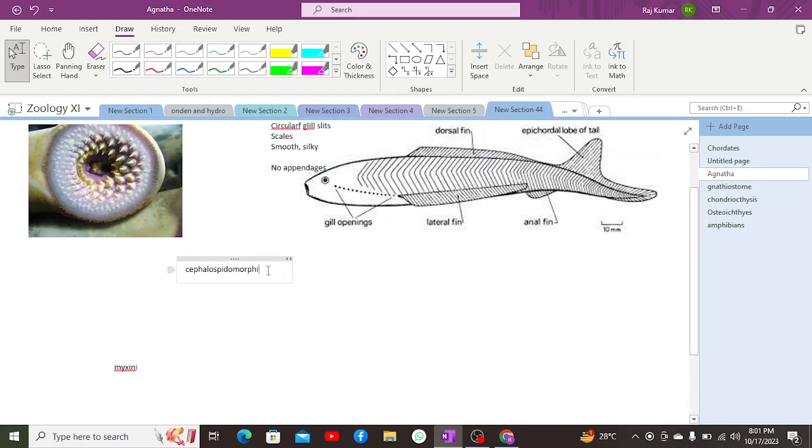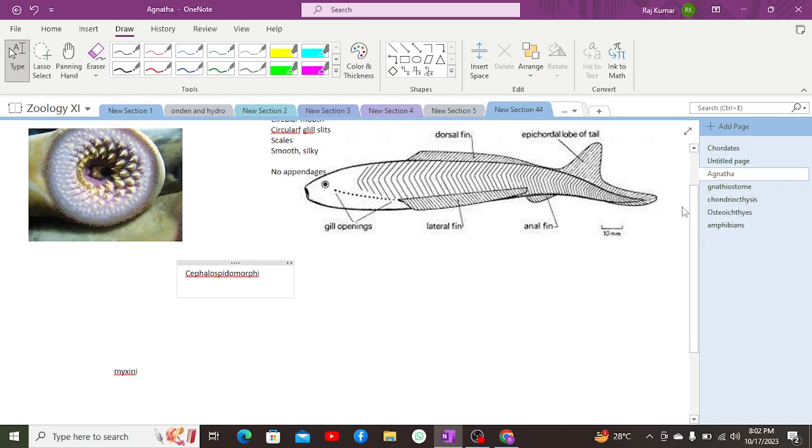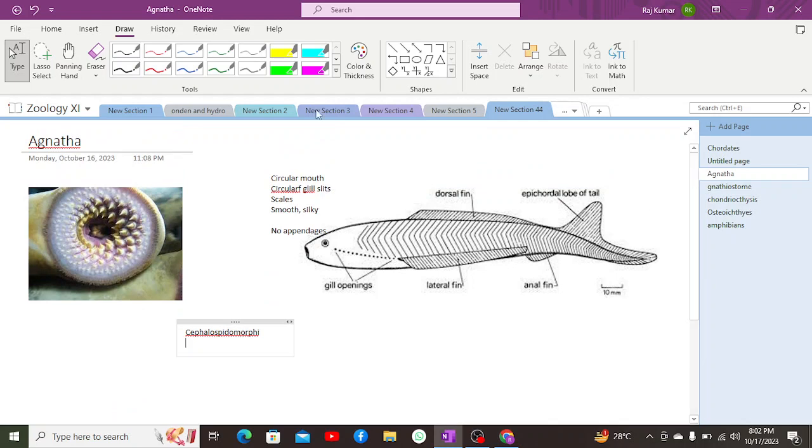Cephalaspidomorphi is a class which includes the example of lamprey, in which the organism is having well developed teeth which surround the whole buccal cavity as well as are present on the tongue, due to which that structure makes them adaptable for sucking other organisms' internal organs.